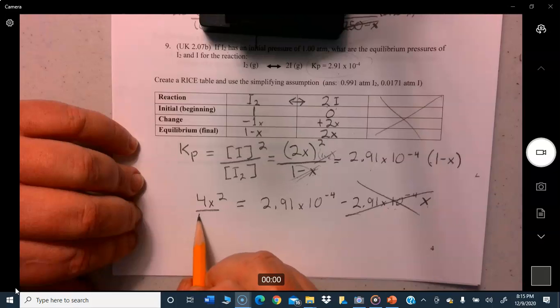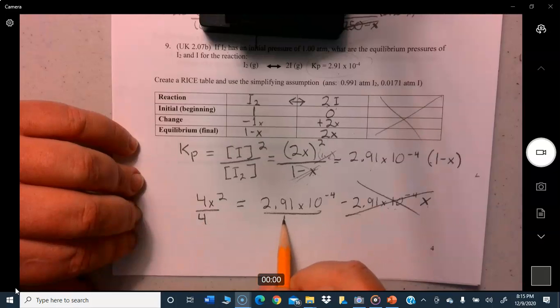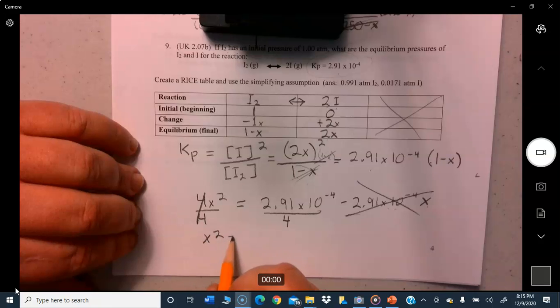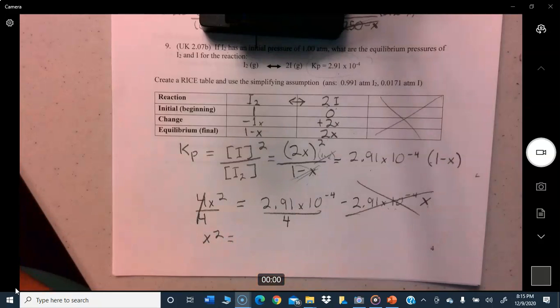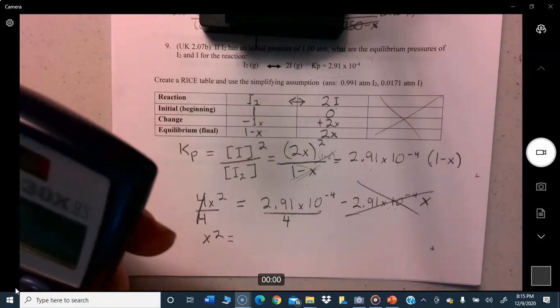We're going to divide both sides by 4. That cancels. So you have x squared equals 2.91 divided by 4.